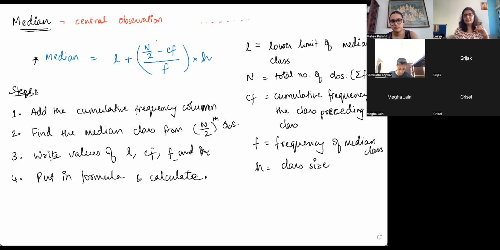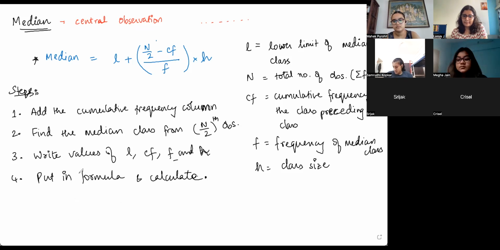Then below the table write down L equal to this much, CF equal to this much, F equal to this much. And you don't have to think so much. Then directly you can put the formula and substitute. So that clarity will be there step by step. And once you have that clarity, you'll minimize the mistakes.